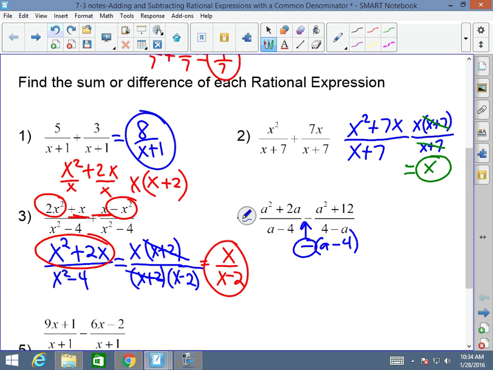Up here. So what does this negative become? A positive. Now I can rock and roll. If that was a positive to begin with, it would have become a negative. Then I would have had to distribute. Does that make sense? So a squared plus a squared is 2a squared plus 2a plus 12 over a minus 4.